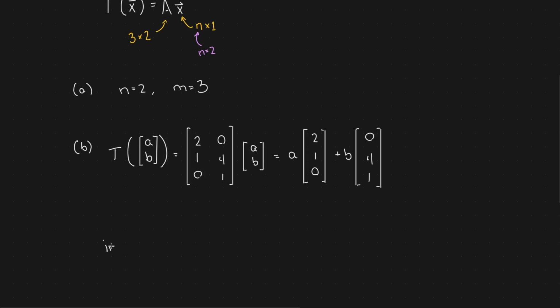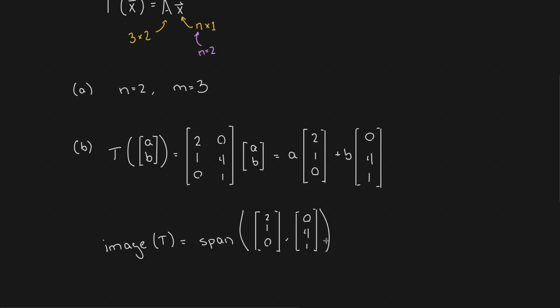So the image of T is just going to be the span of the columns of A. We also call that the column space of the matrix. So for a transformation induced by a matrix, the image of the transformation, the space that the outputs actually go to, is equal to the column space of the matrix.